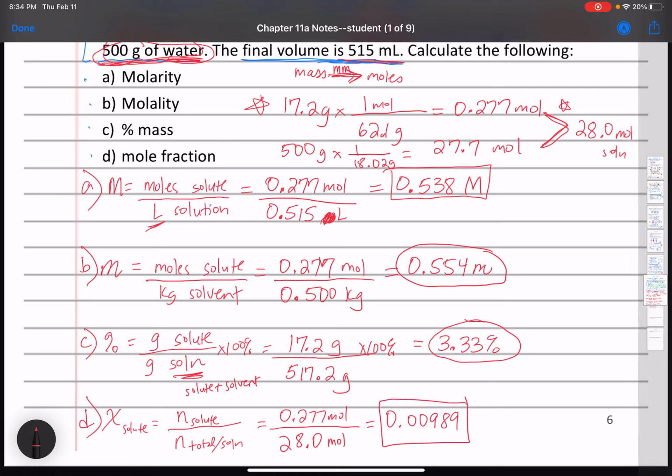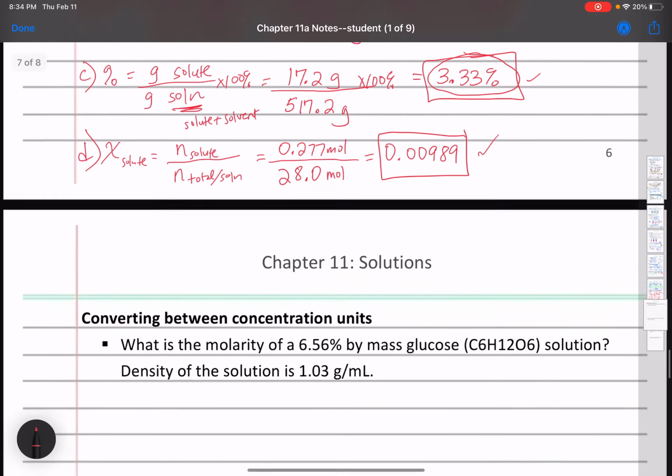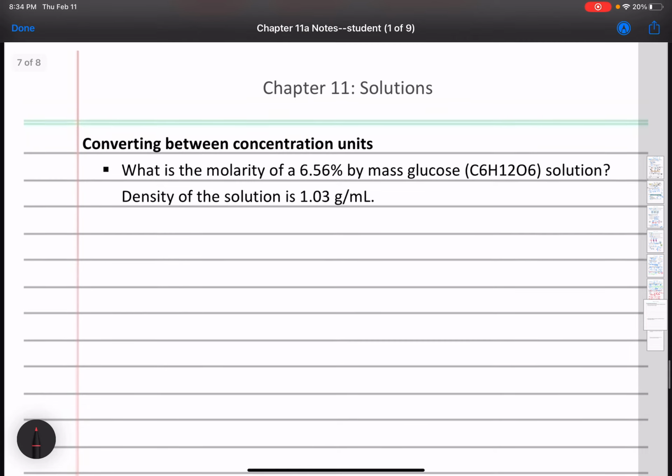So these are the four different expressions of concentration of this one solution: the molarity, the molality, the percent by mass, or the mole fraction. So practicing these problems till you get good at them is going to be key for this unit. All right, and then the last sort of highest level of math problem in this chapter is converting between units.